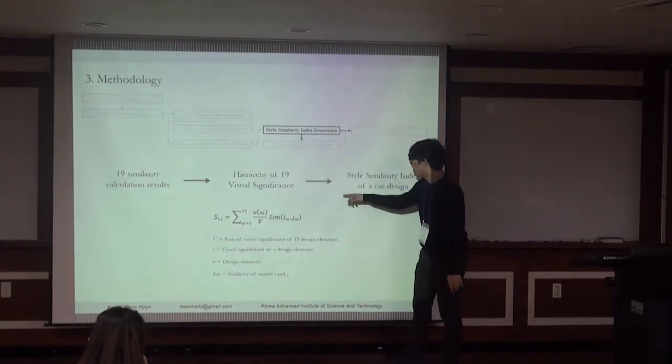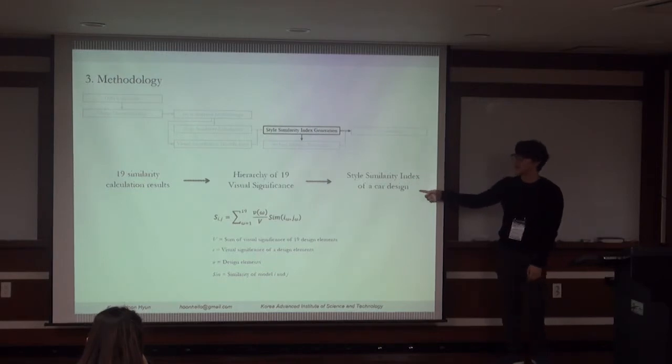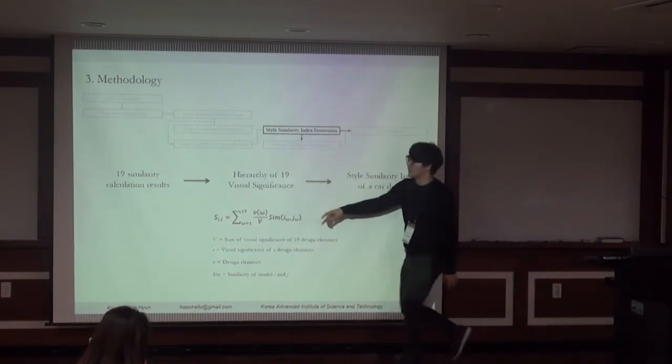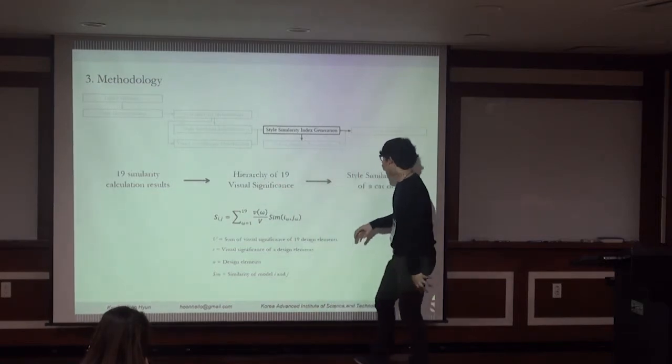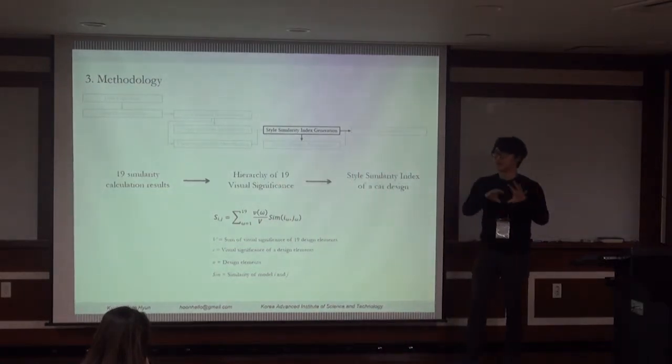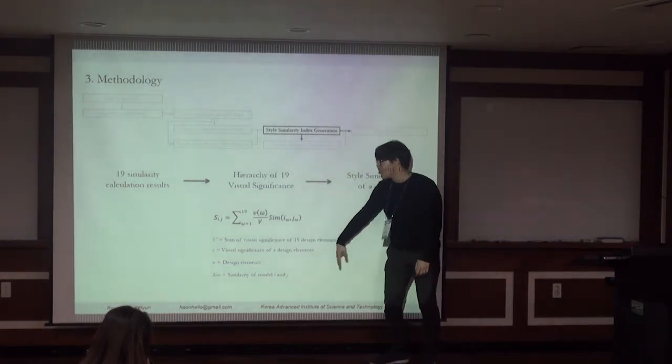So based on these two data, I aggregated to one specific style similarity index, because this data was comparing similarities of design elements to design elements, but now I need to compare one car design to another car design. So this is how I aggregated. Very simple.